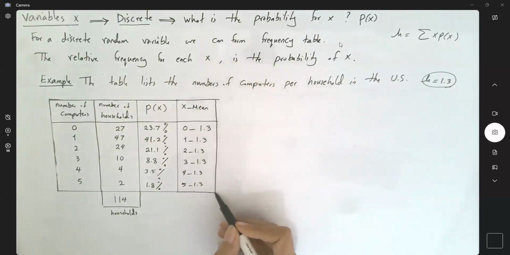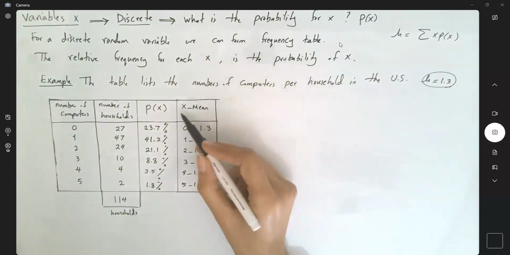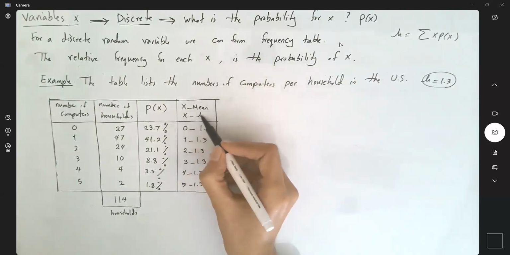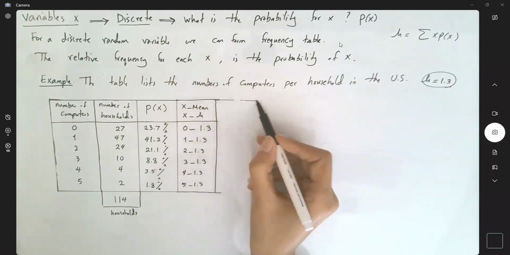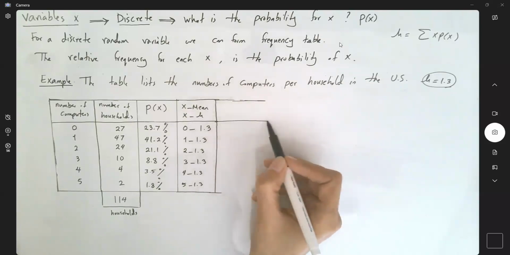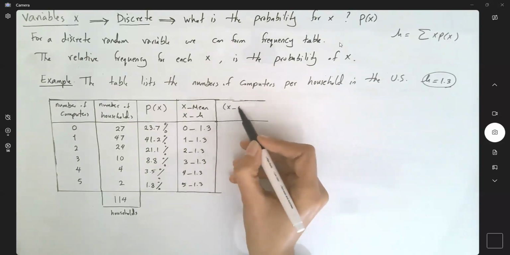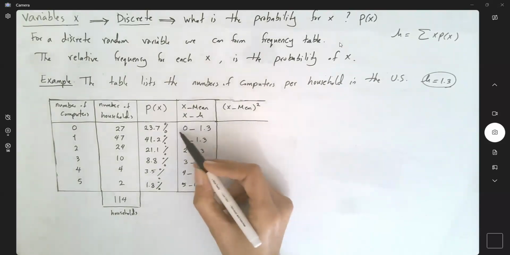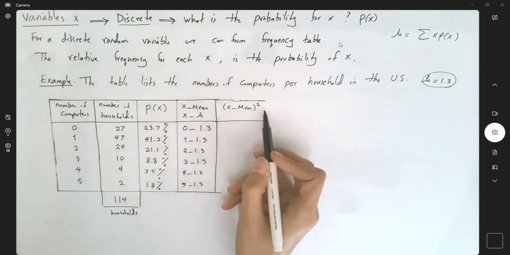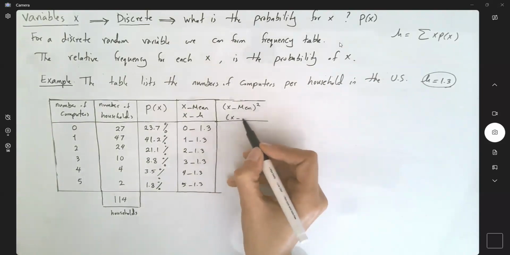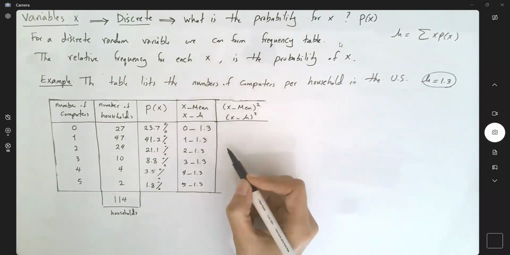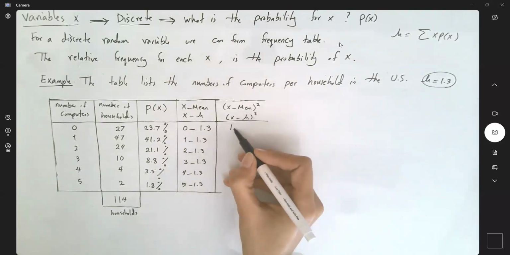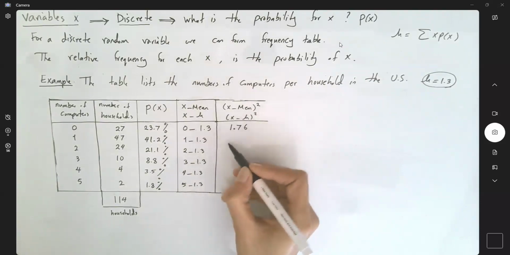you're going to create the next column. In your next column, you're going to take x minus mean and raise it to the second power. So with another format, x minus mu squared. So each number here will be raised to the second power. So let us do each one of these. 1.76.